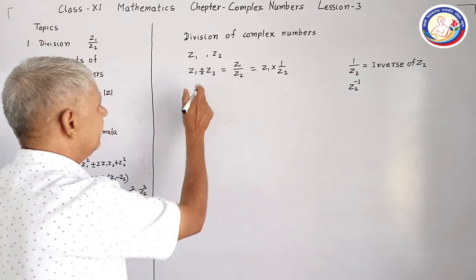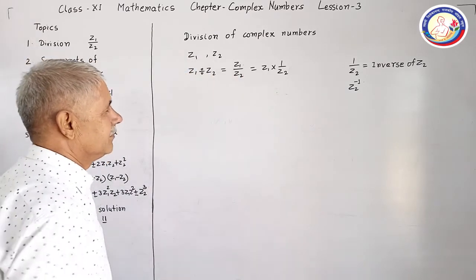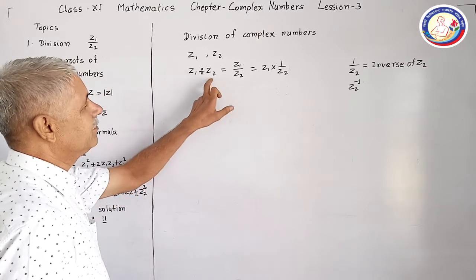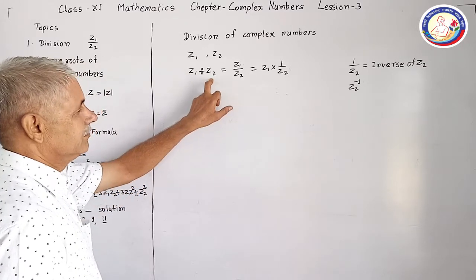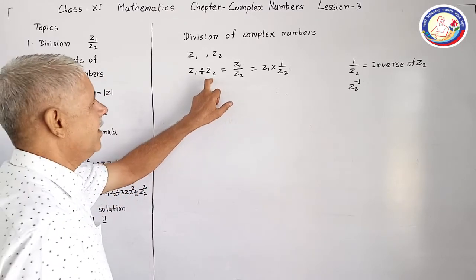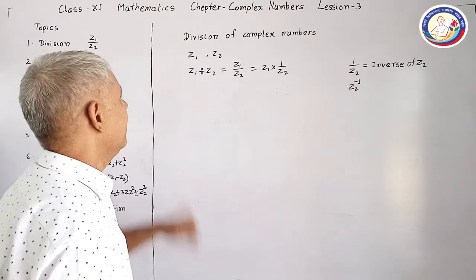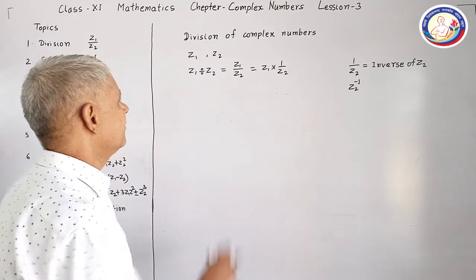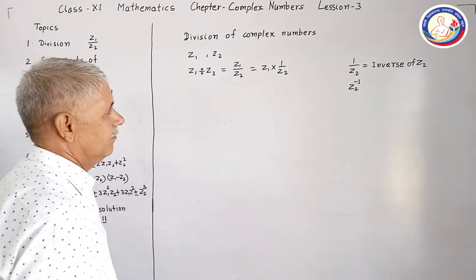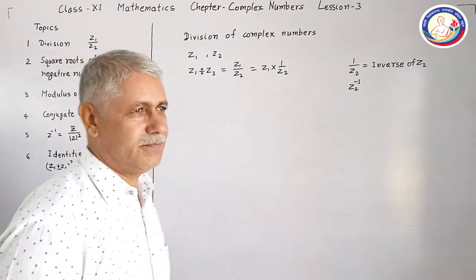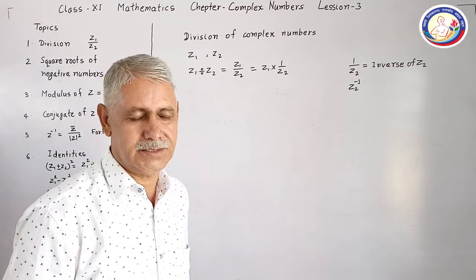So, if we want to divide Z1 by Z2, then first find the inverse of Z2 and then multiply Z1 by the inverse of Z2. We are familiar with the process of multiplication of complex numbers.